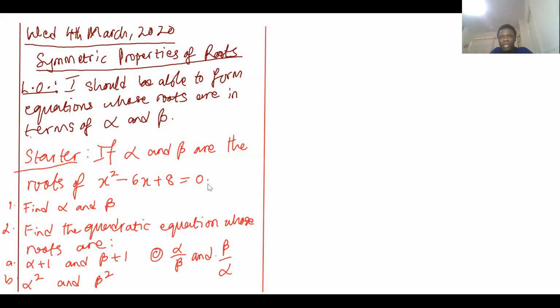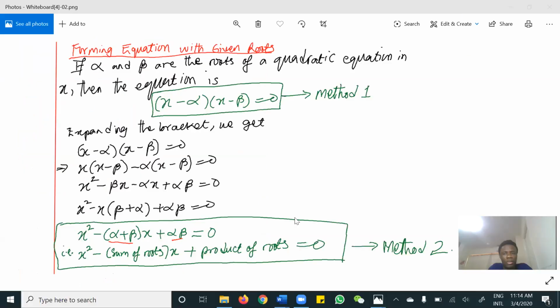Let me try to find the Zoom class for that day so that you can write it properly. Equation from given roots. I'm going to share my screen with you now, Justin and everybody. Check this.